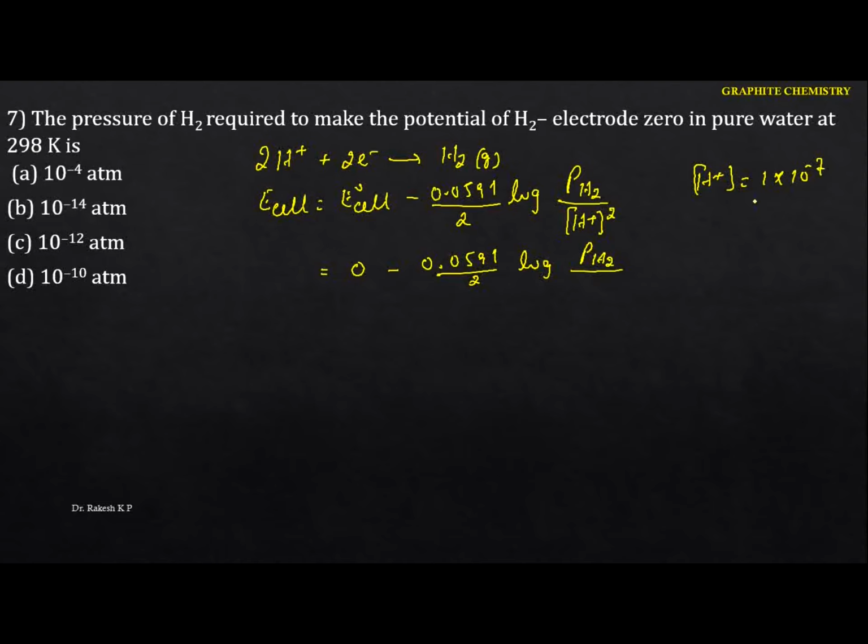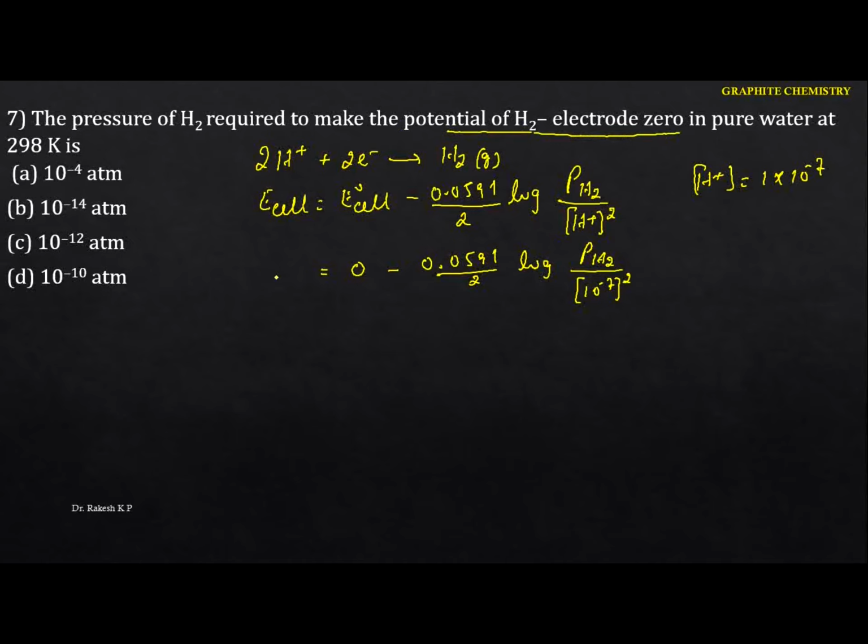I'm going to take this value in this form, that is 10 to the power of minus 7, to the power 2. Now, if you want to get the E cell, just identify this one here. The potential of the hydrogen electrode should be 0.